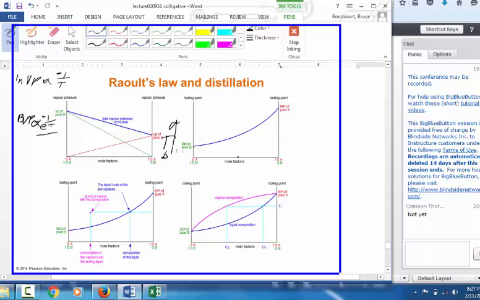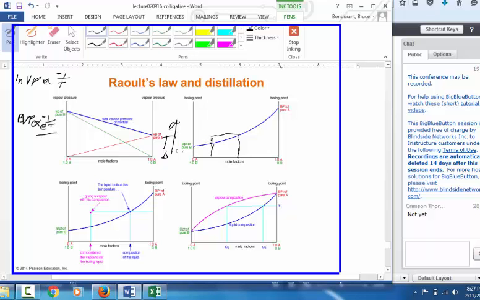And if you start here at, say, a 50-50 mixture, what we did at the start, we came over here, it's 50-50. And if you look at that image that I was showing, you ended up with a 30-60 mixture. So when it's 50-50, it would come over here to about a 30-60, and it would condense. That would be your distillation.